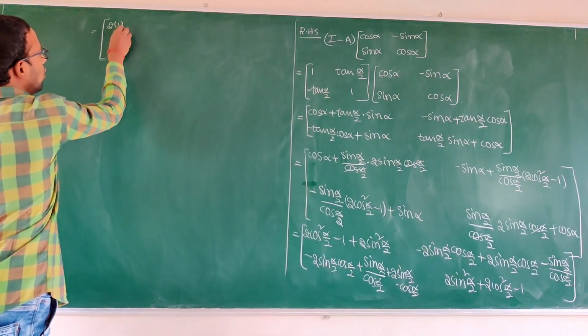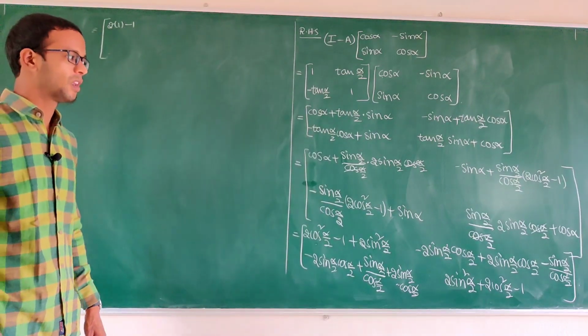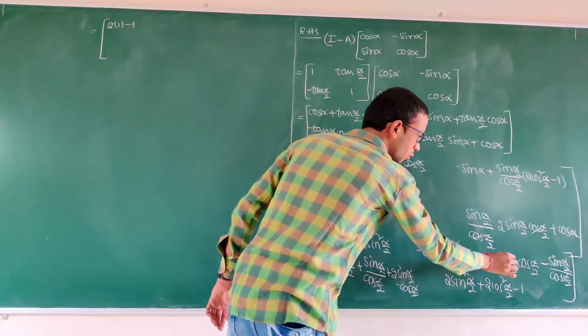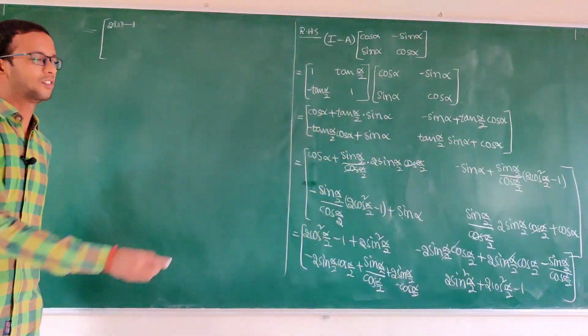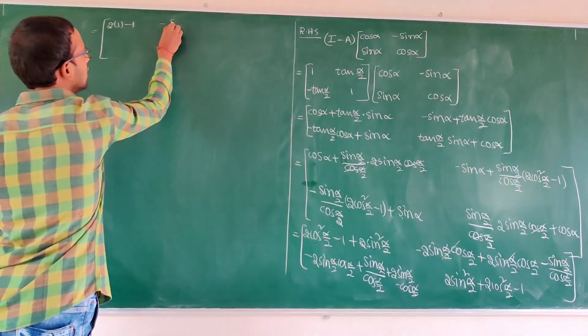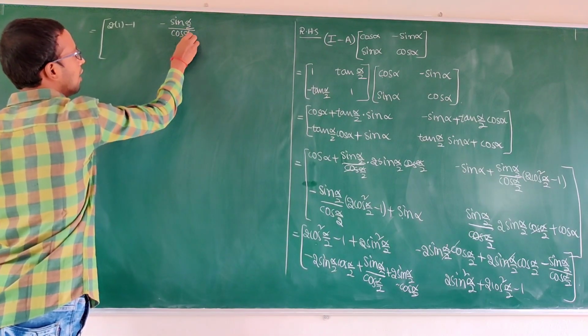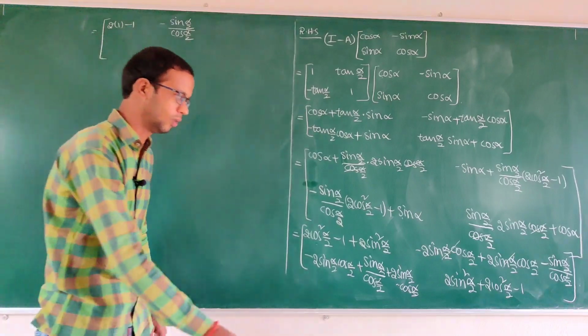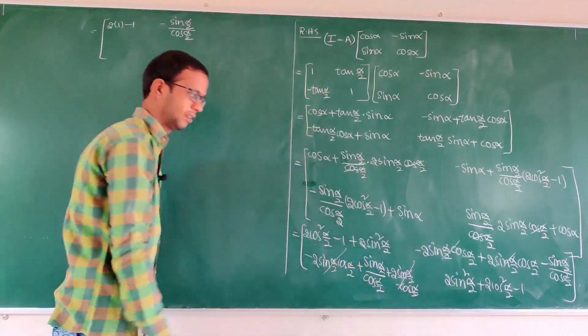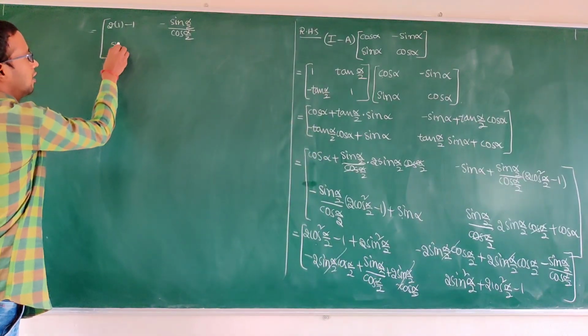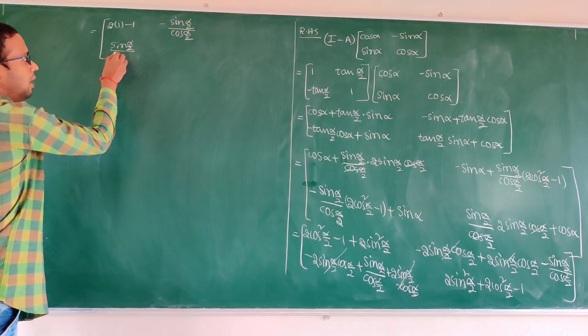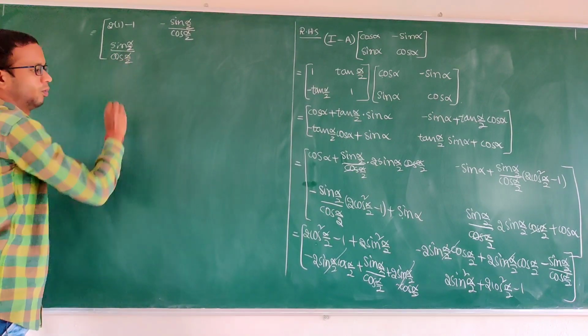So 2 into 1 minus 1. Next here, these two get cancelled, remaining is minus sin alpha by 2 by cos alpha by 2. Next here also plus minus cancel, remaining is sin alpha by 2 by cos alpha by 2.